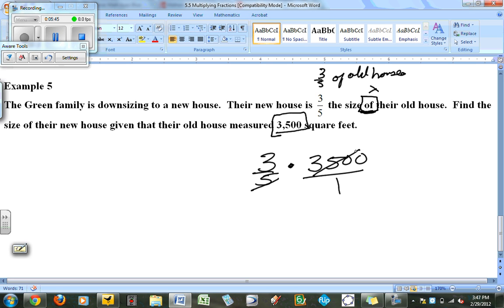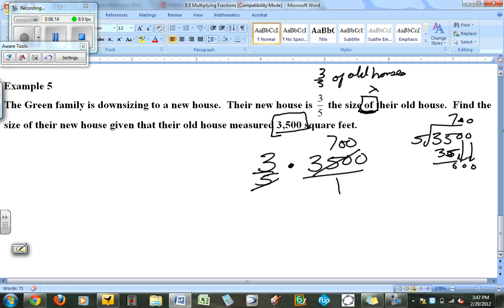So I know that 5 goes into 3,500 700 times. How did I know that? I went 3,500 divided by 5 to figure out how many times it went in. I actually cheated and used a calculator, or you can use mental math to simplify that.